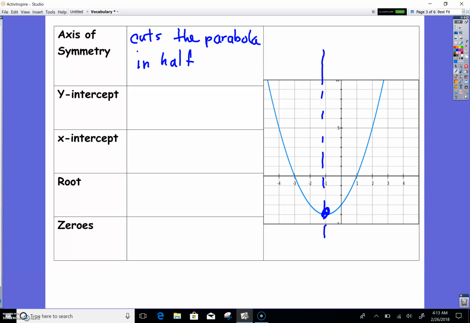The y-intercept is where the graph touches the y-axis. So right here, that's my y-intercept.